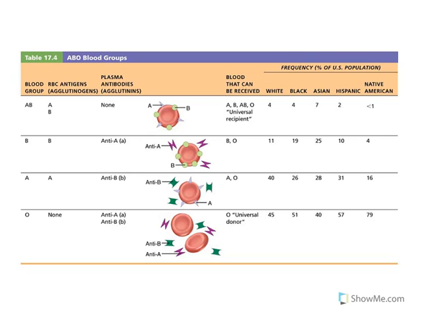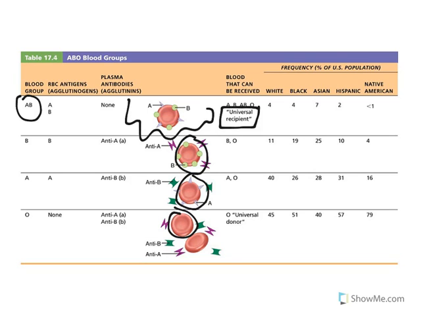And furthermore, the universal recipient, which is blood type AB, can receive any of the three blood types because it does not have any antibodies floating around. It will not be attacked. So you can put any of these three into blood type AB without worry.